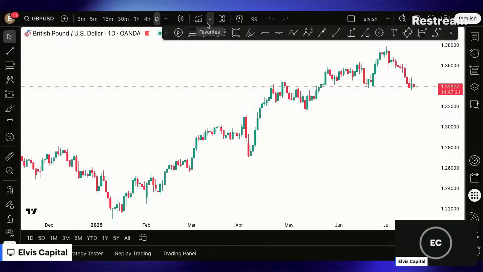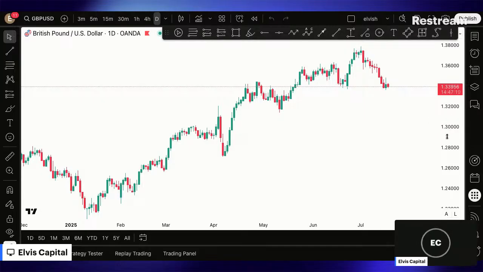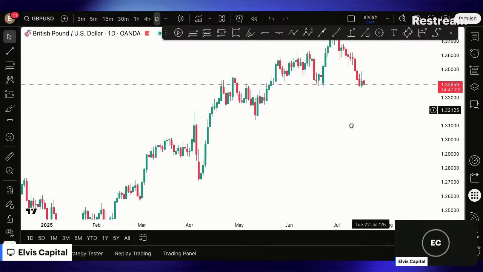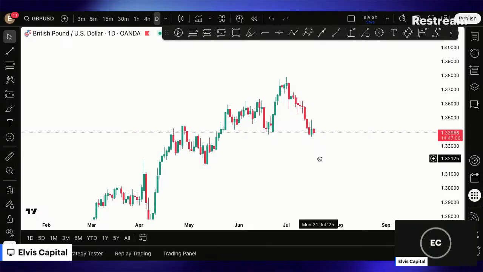So if you look over here at GBP USD, you can see that it is in an uptrend. And as always, I have my technique that I usually use. It's really quick and precise, as I told you in the first place. It's not that difficult. You can see that price formed a high.